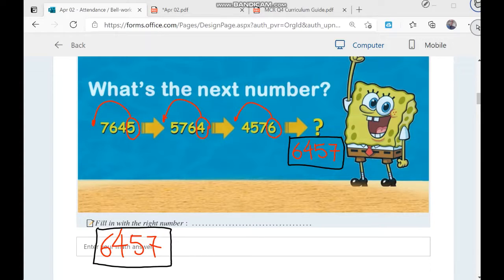Maybe you found a different logic to find your number, and maybe your logic is right. But the only way I found was this one, by moving the last digit to the front.